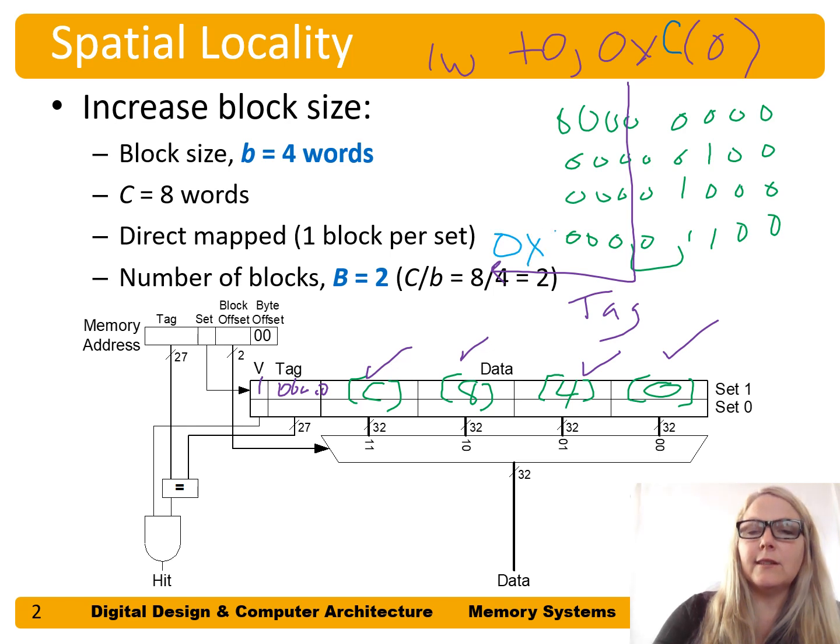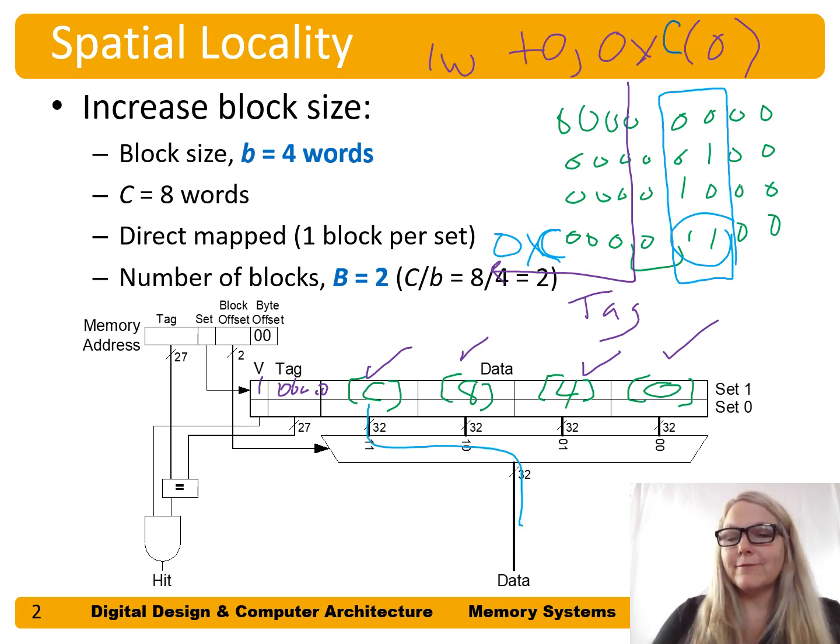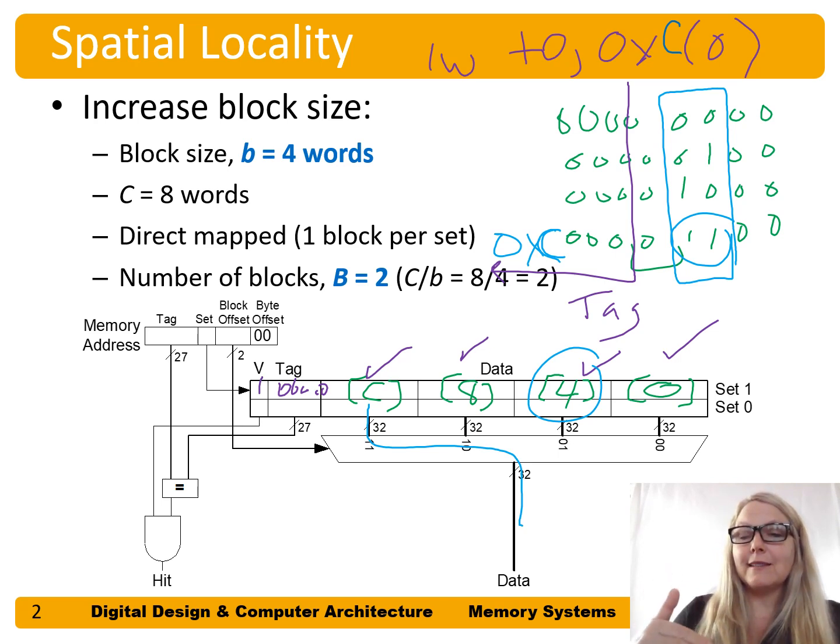Hex C is this address here, and the block offset is again these 2 bits. I would look at that block offset and say, okay, I want address hex C within that block. The nice thing is that the first access pulled in that entire block, and so when the next access came to hex C, we didn't have to pull it from memory. It was already there because of spatial locality.